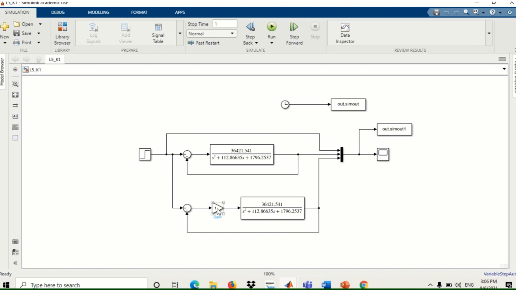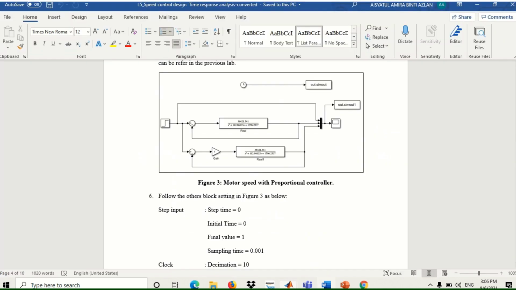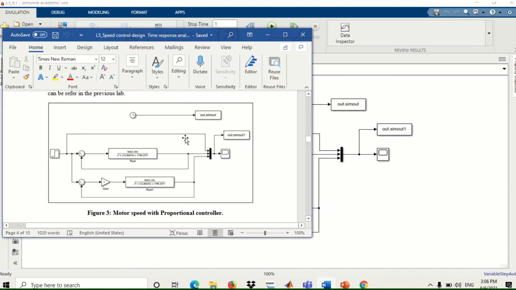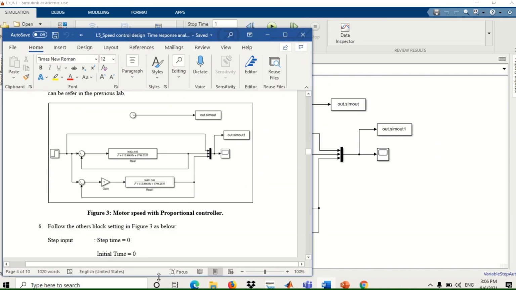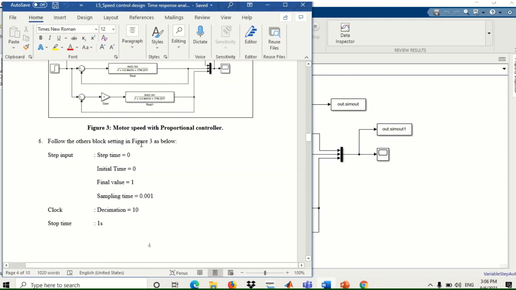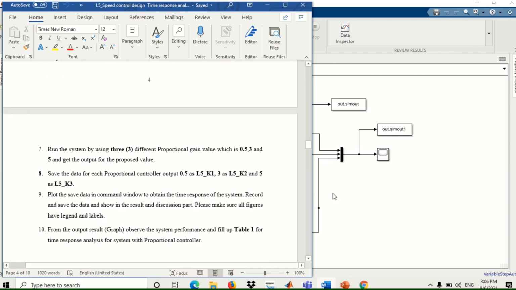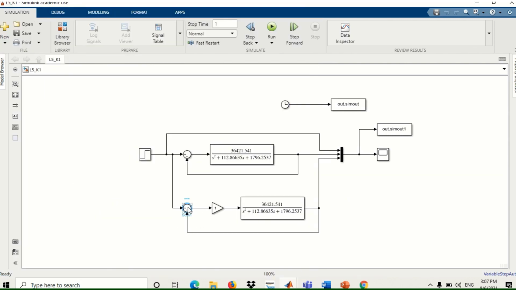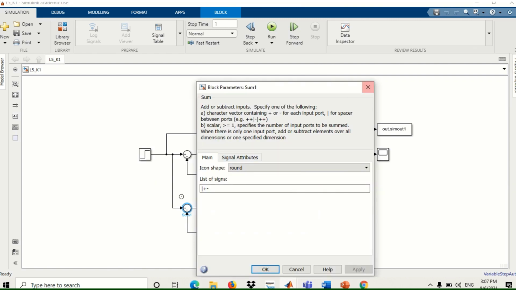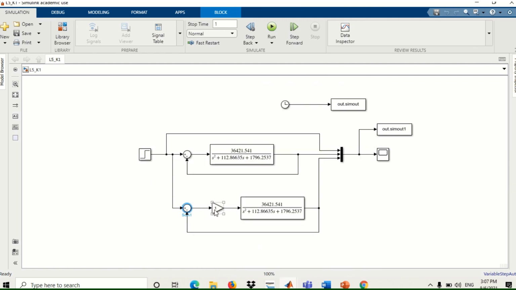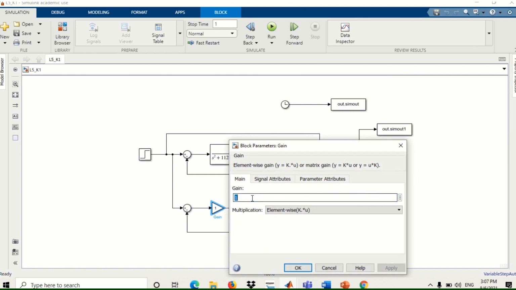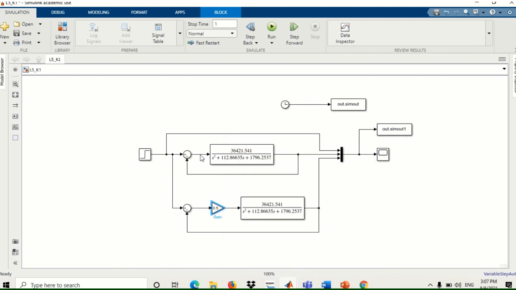First we change the gain block value. First we change it to 0.5 and then apply. Okay.